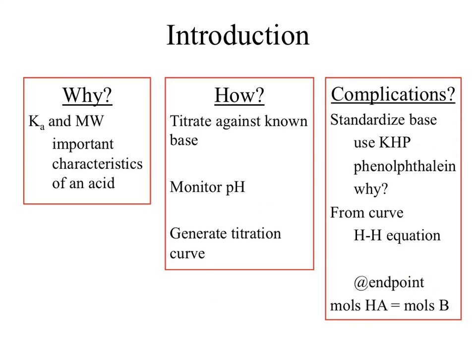So what we're going to try and do is figure out the Ka and our molecular weight. To do that, we have to generate some idea of the concentrations of the individual species that make these things up. So we'll use a reaction that we know these things react with. Just like we did with water hardness. To figure out the calcium concentration, or our water hardness, what did we do?